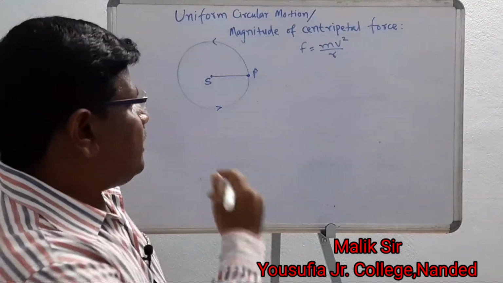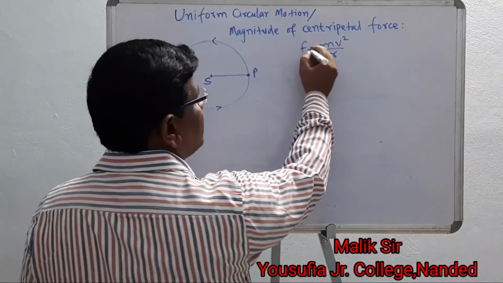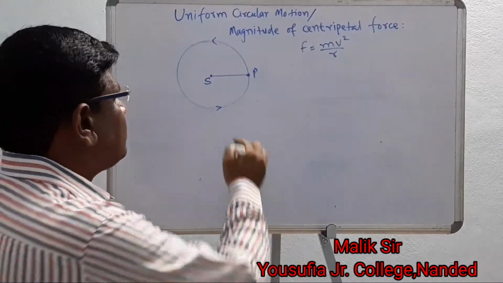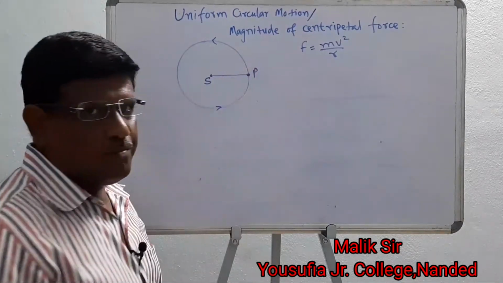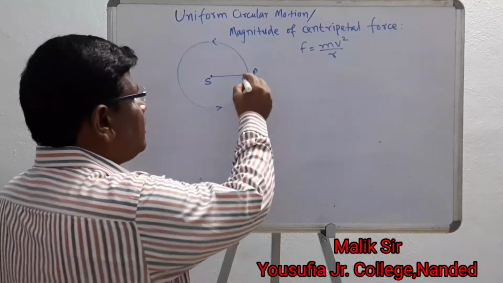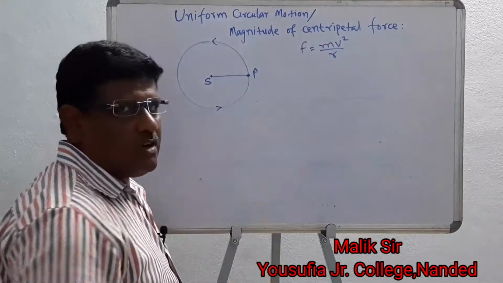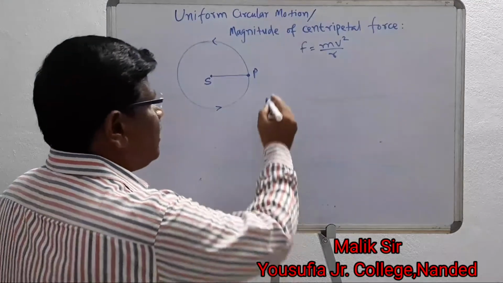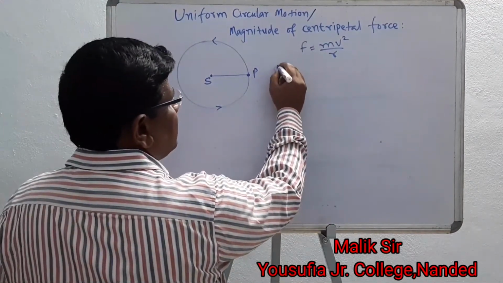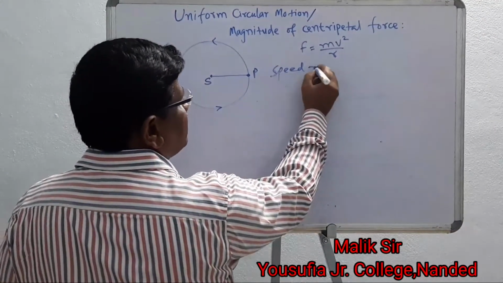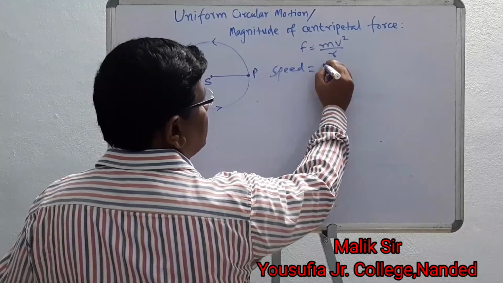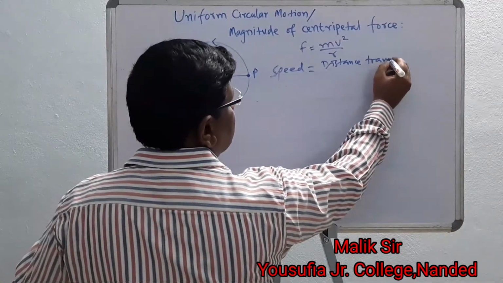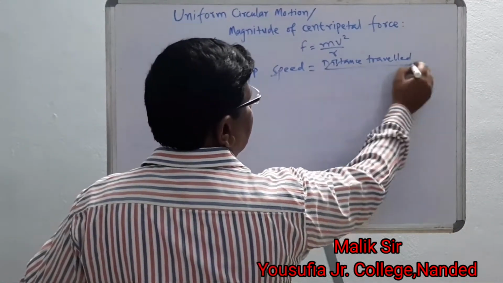Now, for one revolution, the time taken to complete one revolution is nothing but the time period, as we have seen earlier. The general definition of speed is the distance travelled divided by time taken.